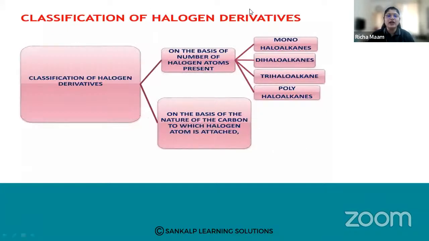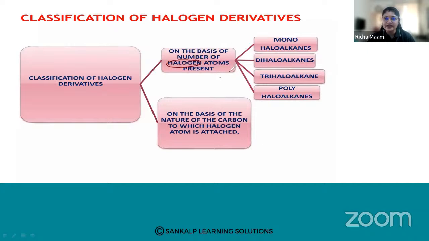So next we are going to start with the classification of halogen derivatives. What is the classification? The first classification is based on the number of halogen atoms present. Any number of hydrogen atoms can be replaced, so it depends on how many halogen atoms are present.